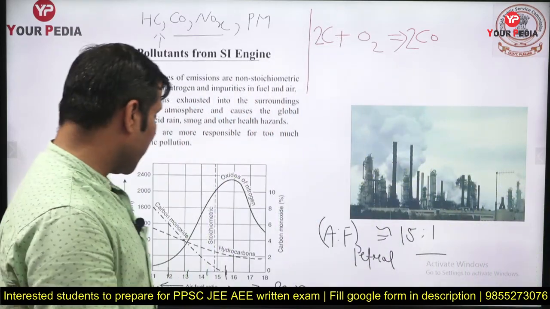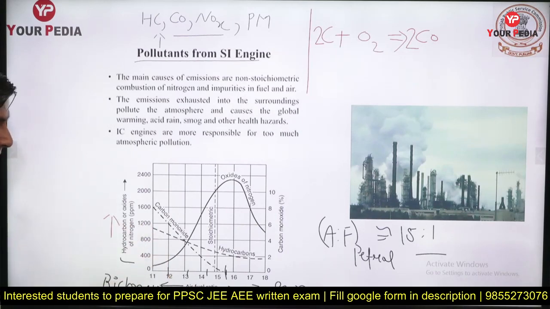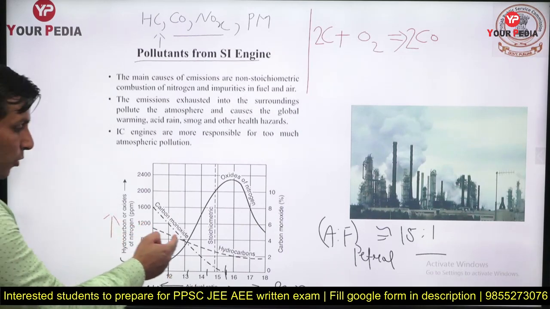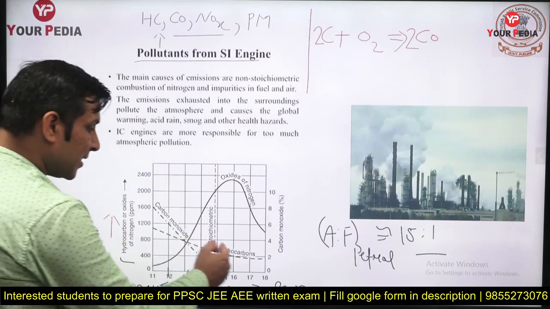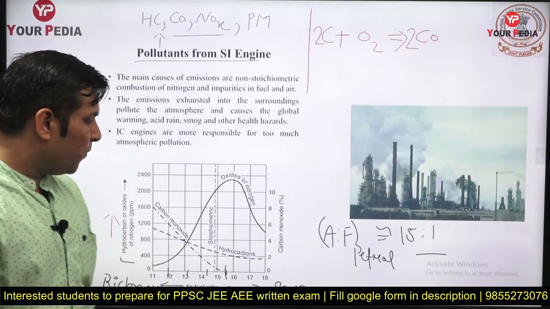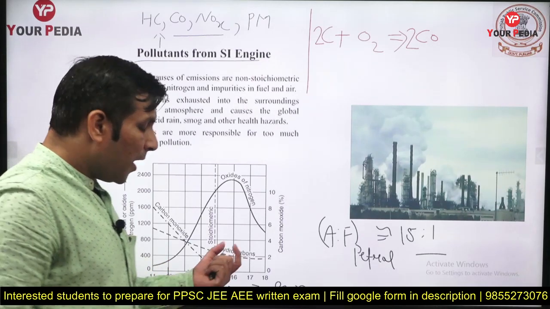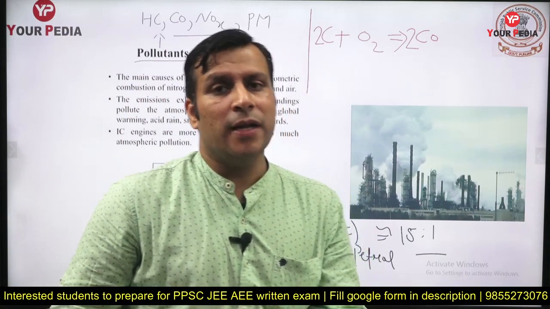Similarly, you can check here the unburnt hydrocarbon emission is very high at rich mixture. With a rich mixture, unburnt hydrocarbon emission is higher, and as the leanness increases, it decreases. But it will still have some value, because there are many cases in the engine.